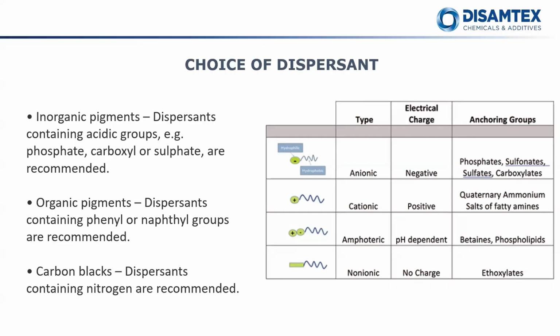Organic pigments require dispersants with aromatic groups like phenyl or naphthyl to ensure strong surface affinity. Carbon blacks, due to their surface chemistry and high area, are best stabilized with nitrogen-containing dispersants. The table summarizes how electrical charge and anchoring groups define dispersant performance and stability.